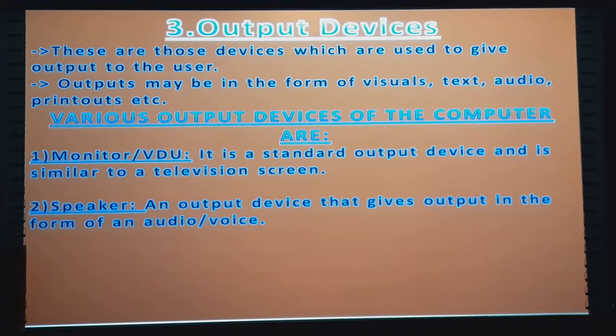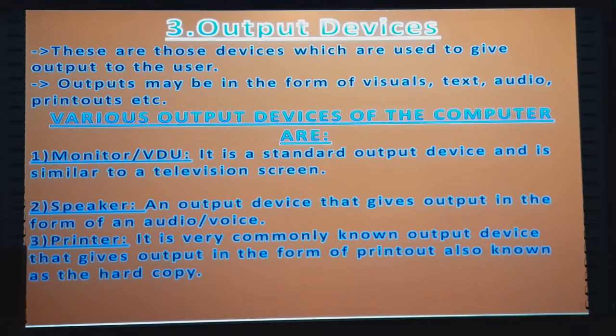Then the printer. Printer is an output device which is used to take the printout of all the tasks that have been accomplished by us. It is a very commonly known output device that gives output in the form of printout. Generally, the output is provided in the form of printout or hard copy form, which is also considered hard copy output.